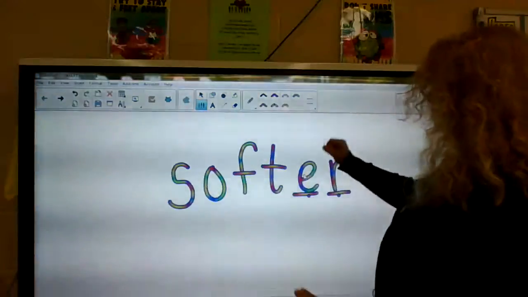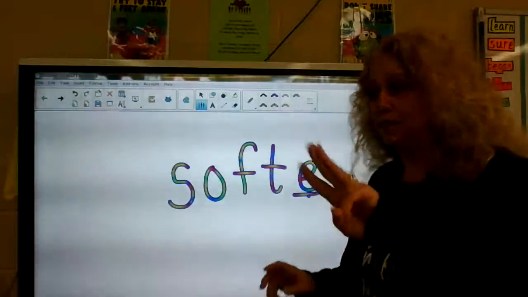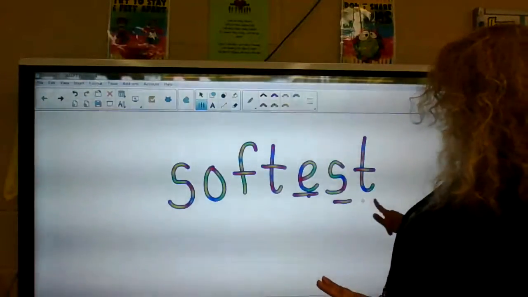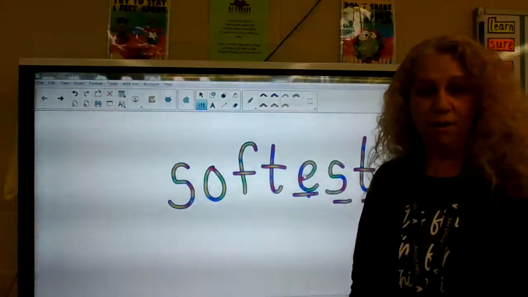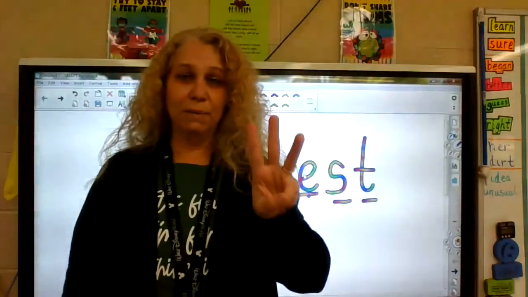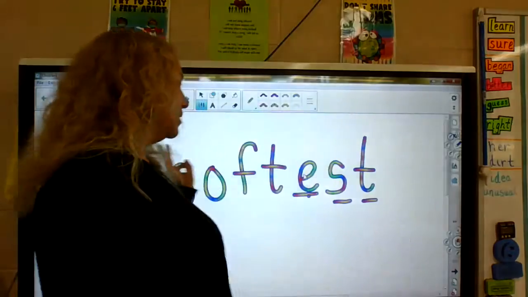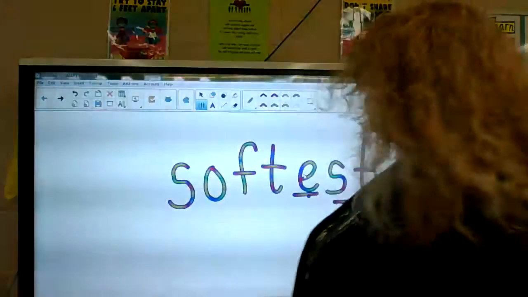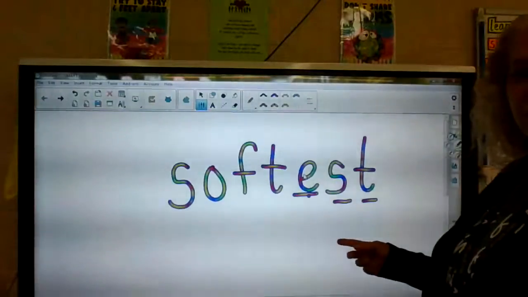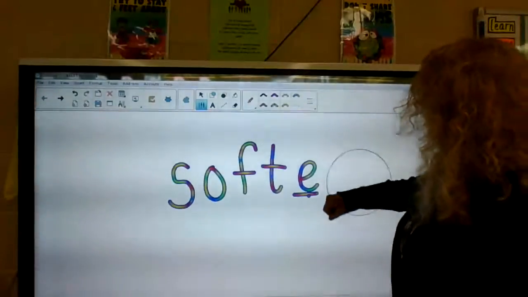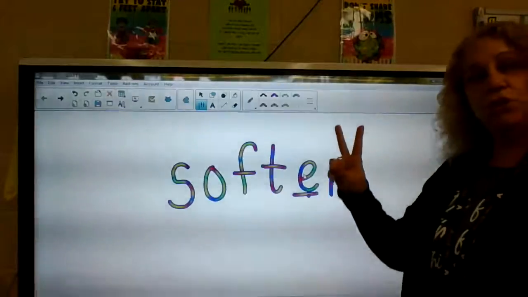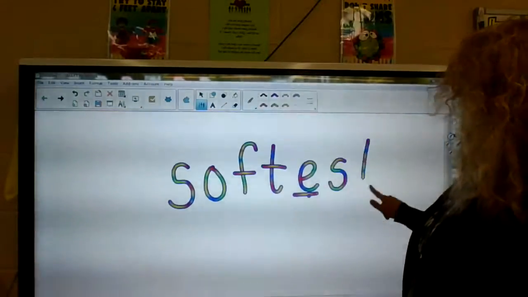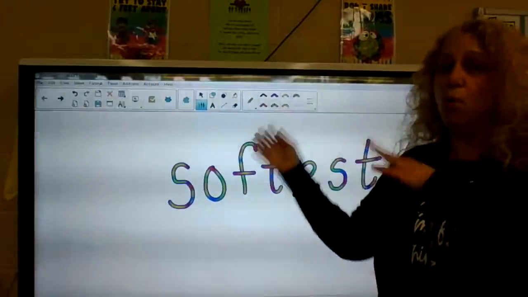So instead of softer, the third person says, mine is the softest blanket of all. Now we're comparing three blankets, so it's the softest. When we use comparing adjectives, we can put ER if we're comparing two things, and we put EST at the end of the word if we're comparing three or more.